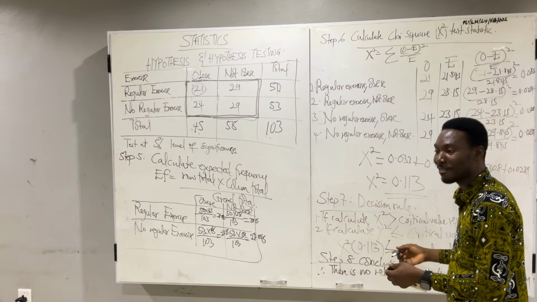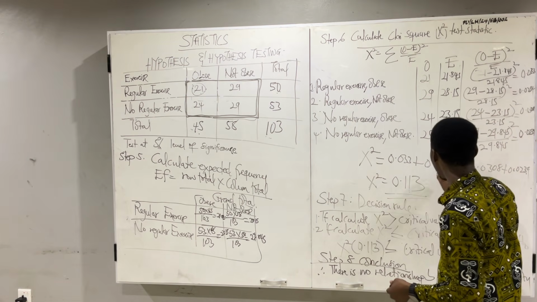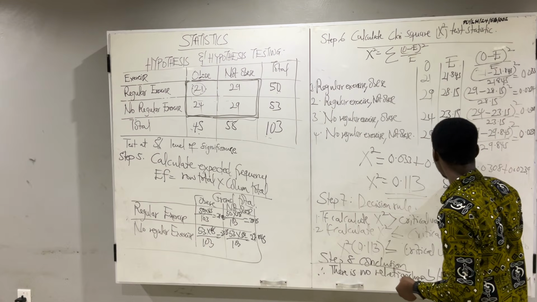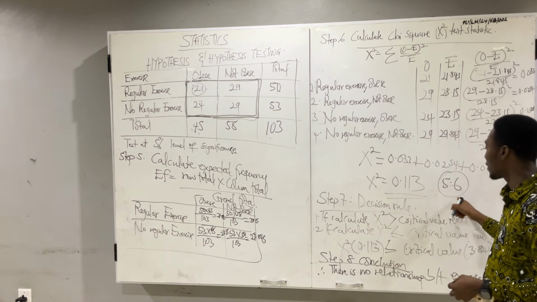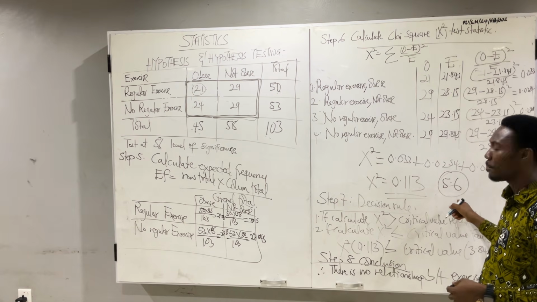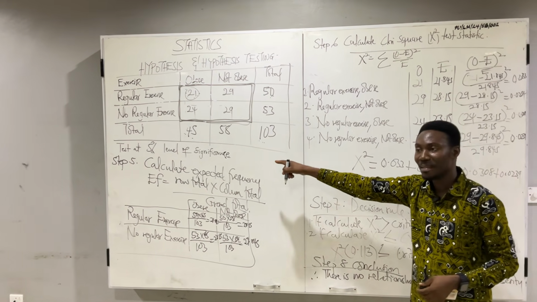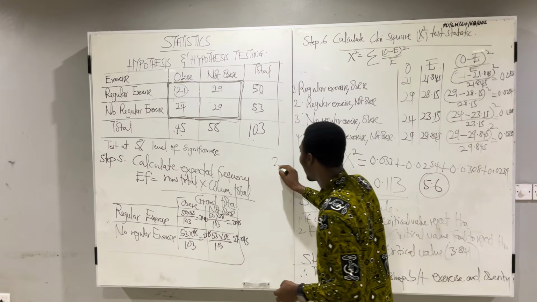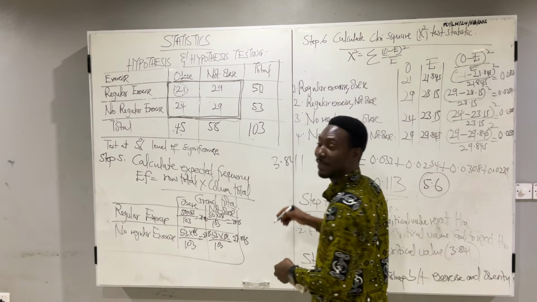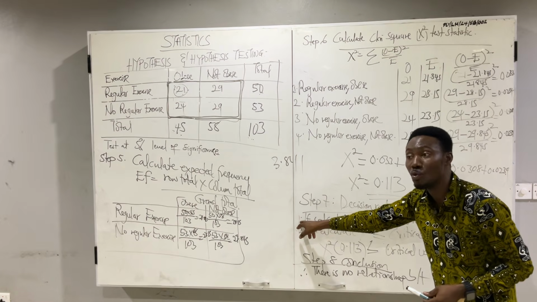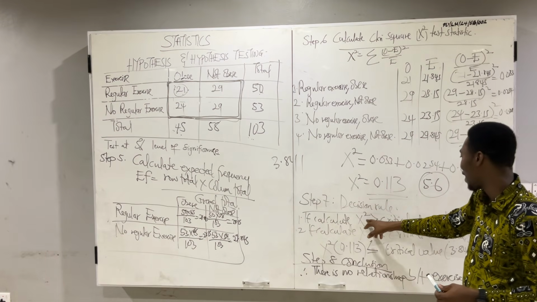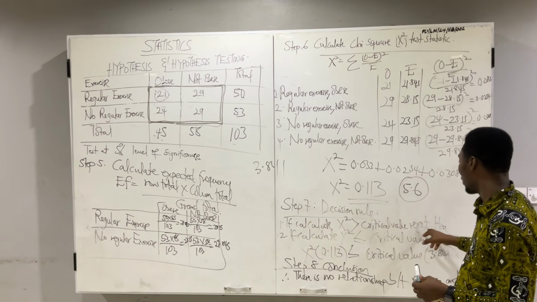Let's assume that in step 6 we had, let's say, 5.6. 5.6 is greater than what? The critical value of 3.841. So in this situation, we fulfill decision rule 1: if calculated chi-square is greater than critical value, reject H0.